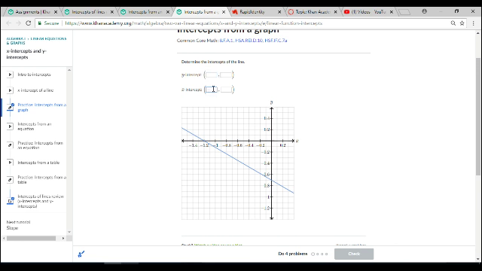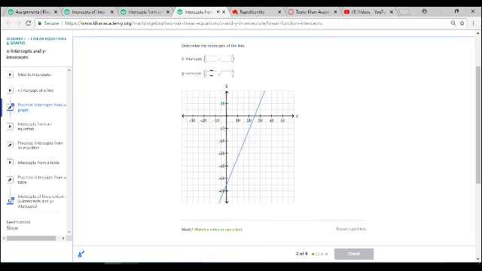So x-intercept, negative 1.2, 0. Y-intercept, 0, negative 0.7. Negative 0.7, y-intercept, negative 1.2 x-intercept.